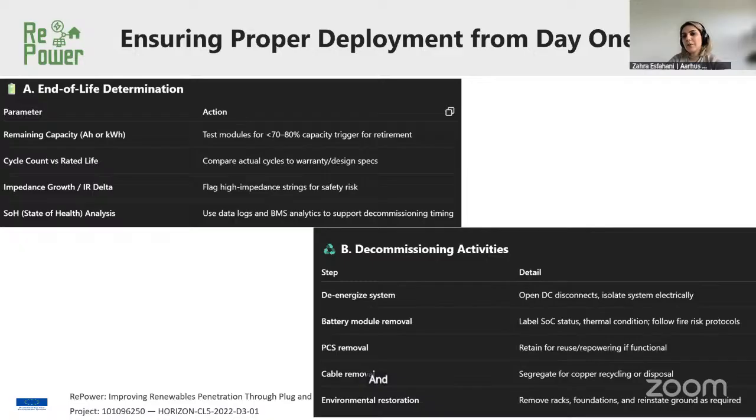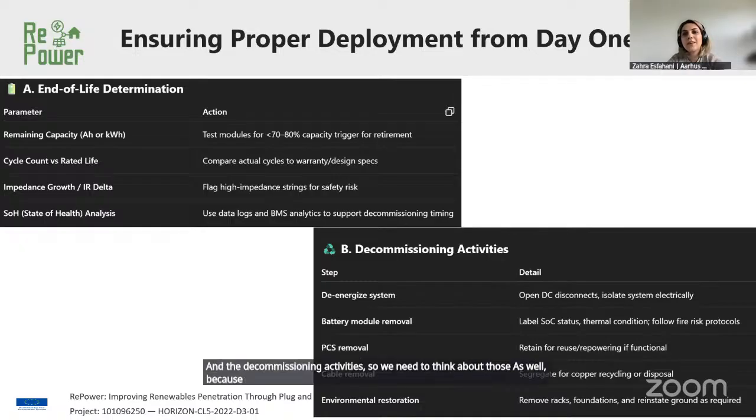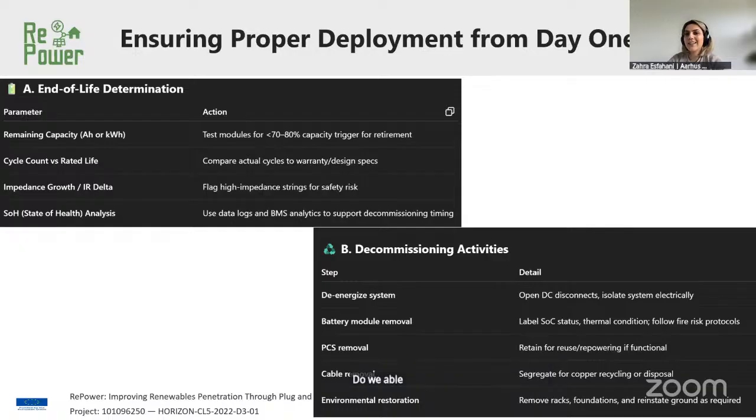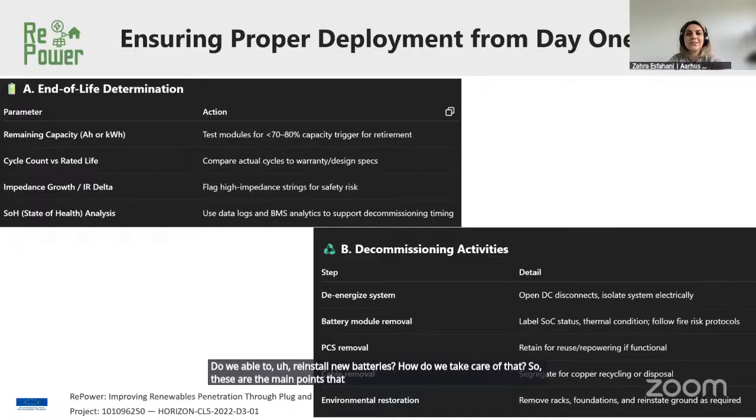And the decommissioning activities, we need to think about those as well, because maybe in the next 10 years, 20 years, we need to think what we need to do with those batteries. Are we able to reinstall new batteries? How do we take care of that? So these are the main points that I would like to add at the end.